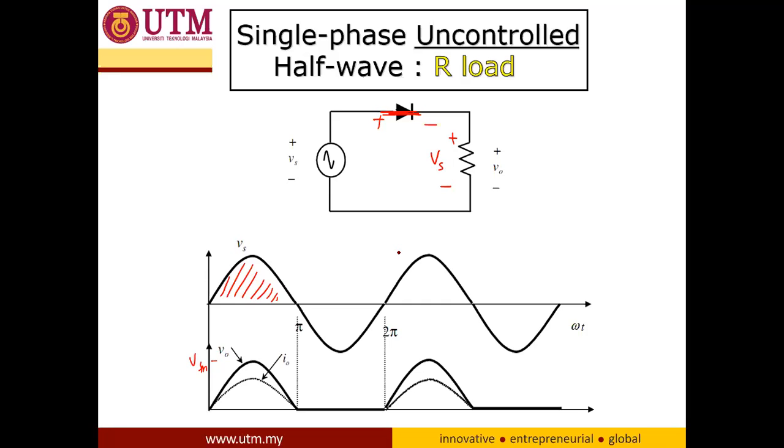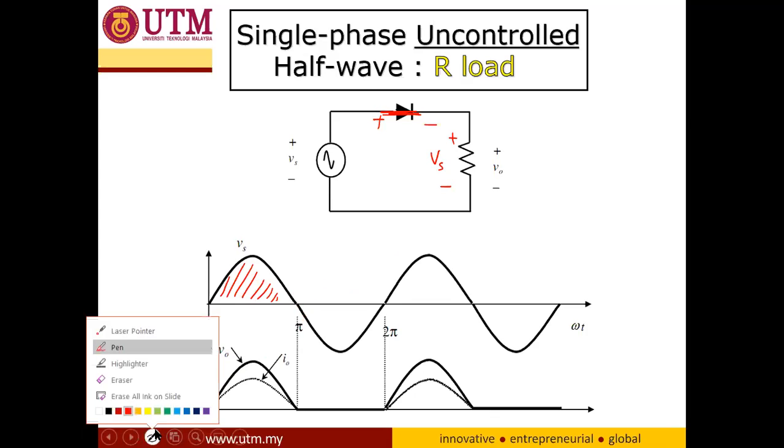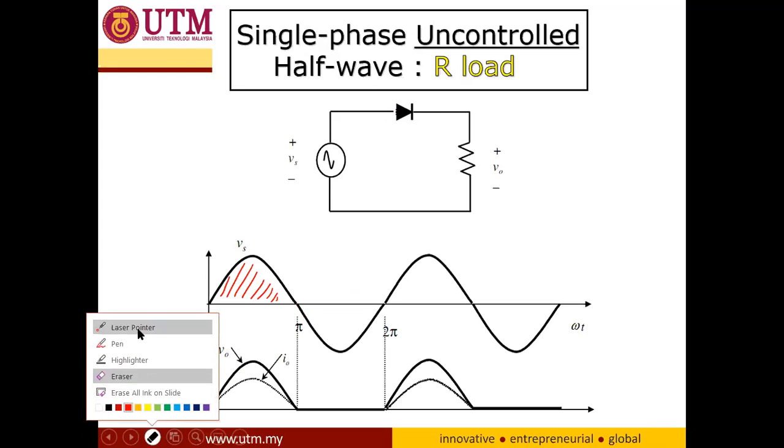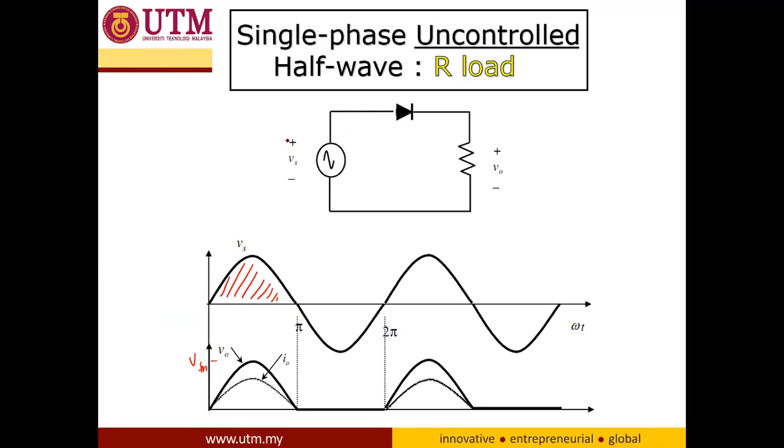When the source goes to the negative cycle, what we can see is that the polarity has been changed. This one becomes negative, and this one becomes positive. So the anode is now negative compared to the cathode.